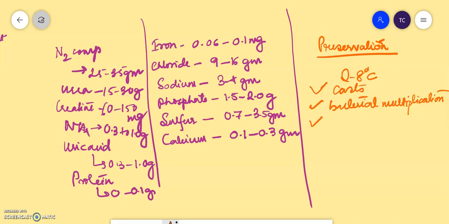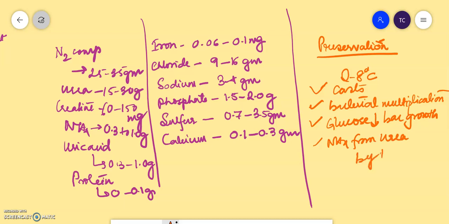So the glucose level is decreased due to bacterial growth. Formation of ammonia from urea by the action of bacteria. So these are the points.